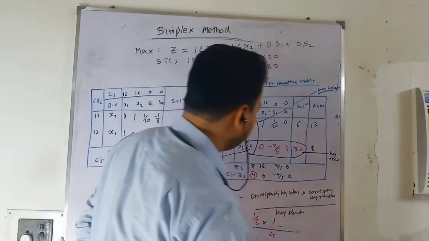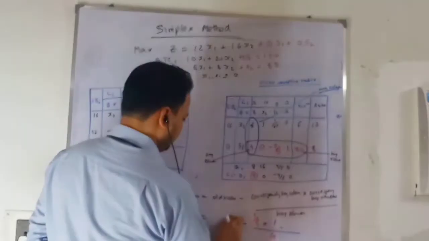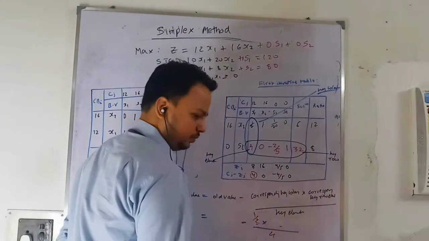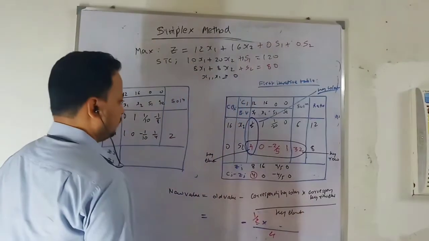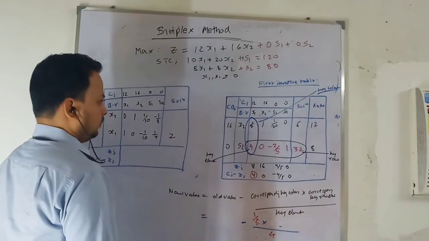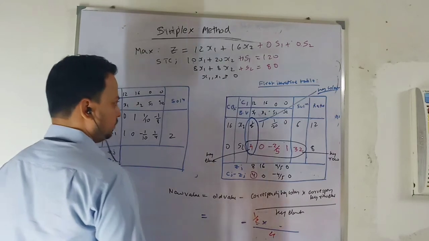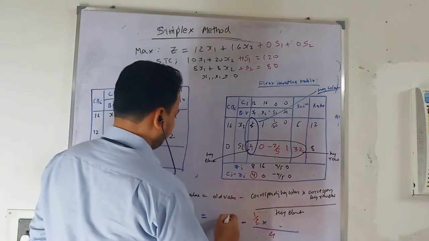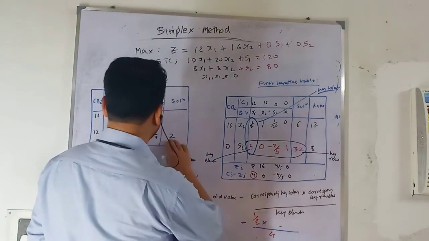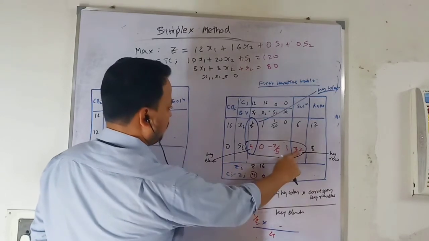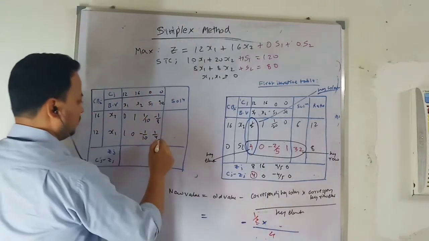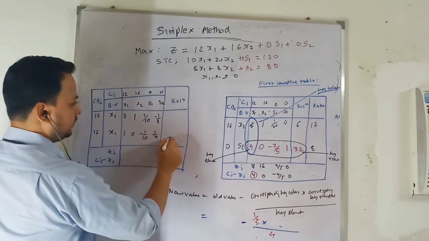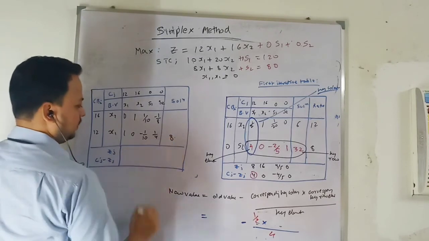Now find the solution here. What will be the solution value? On value is how much? Sorry, it is 32. Okay, 32 divided by 4. So 32 divided by 4, how much? 8.